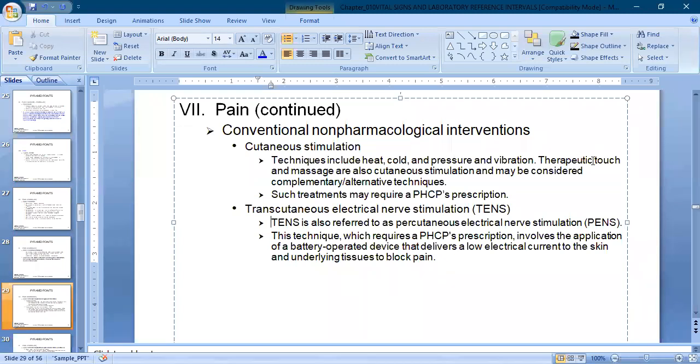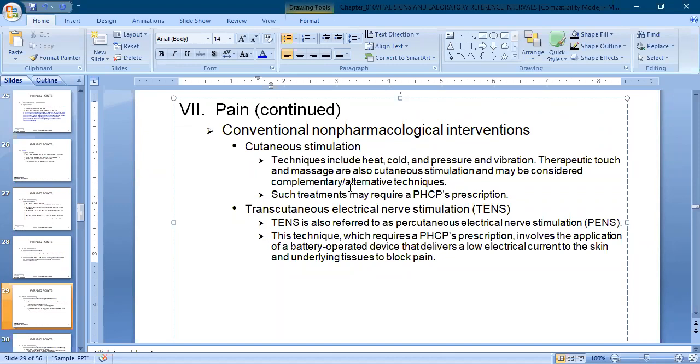Therapeutic touch or massage is also cutaneous stimulation. So stimulating the nerve endings on the skin can be considered a complementary or alternative technique or medicine. You do not give them any typical pharmaceutical agents or medication. In an alternative way, it reduces the pain, and this is called alternative medicine.